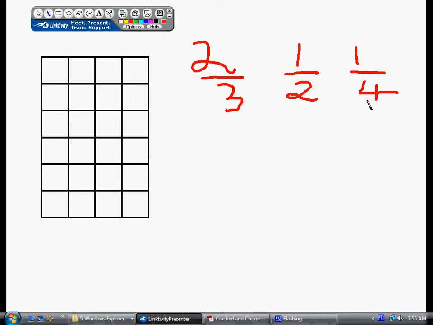So that's why it's a good choice. I can easily represent 2/3 here, 1/2 here, and 1/4 here. That's why 24 squares is a good choice to represent your whole.